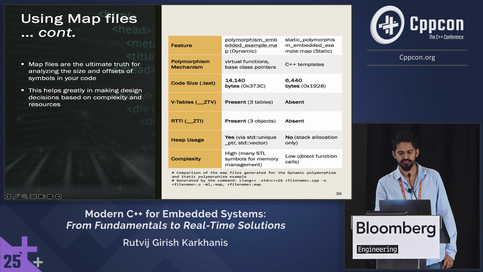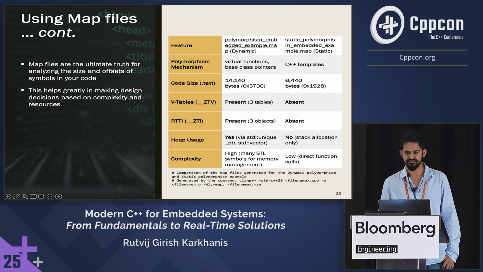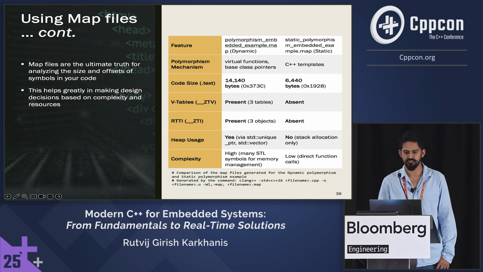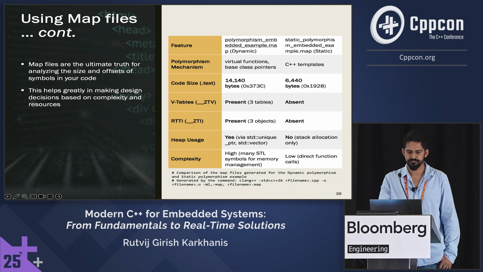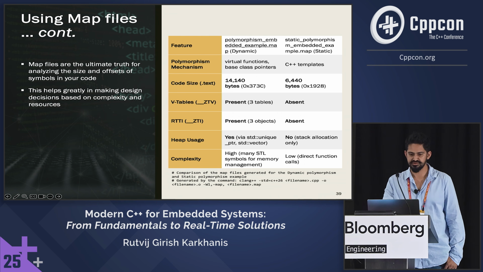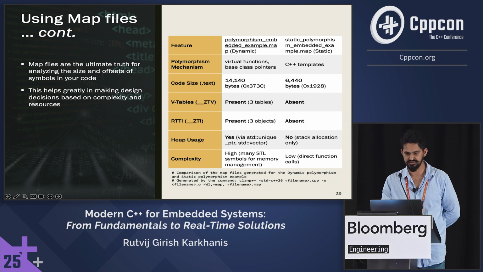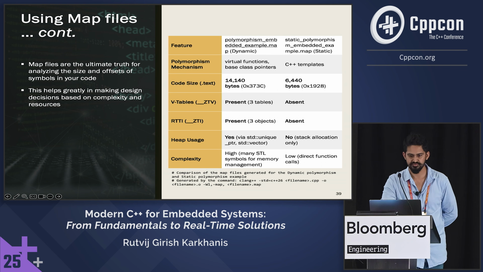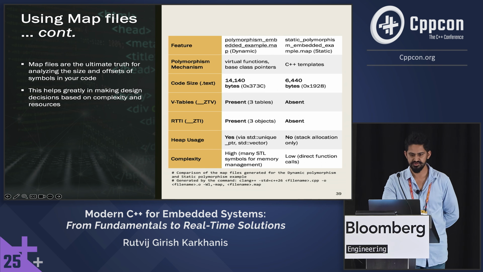This would be a good opportunity to compare some of the contents of the map files for the static polymorphism versus the dynamic polymorphism examples that we saw earlier. So the first thing that we observe is that the code size for dynamic polymorphism increases by a lot compared to the static polymorphism, attributed to virtual functions and the VPTRs.